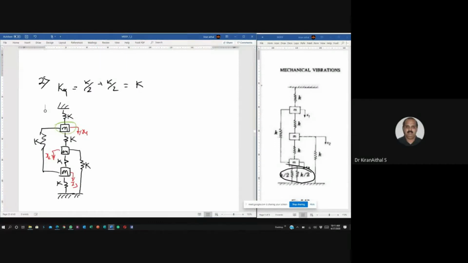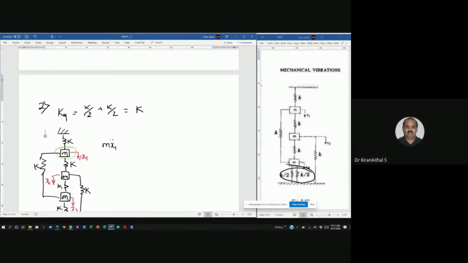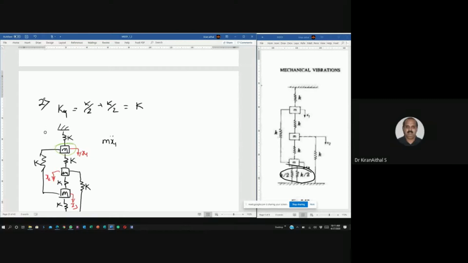So what is this? m1 x1 double dot. Now this m is connected with this k, this k and this k, three k's. It has been connected with three k's.